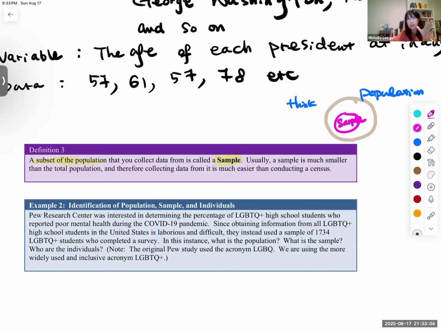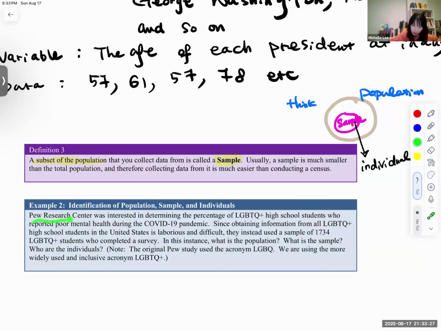Then individual, so each person or each item will be individual, right? So we get the individual from here, right? Yeah. Okay. Now we have another example.